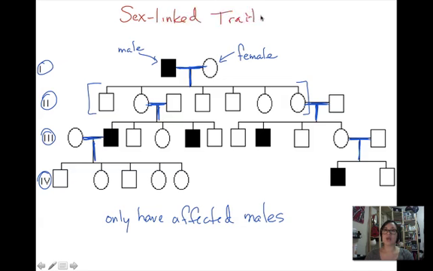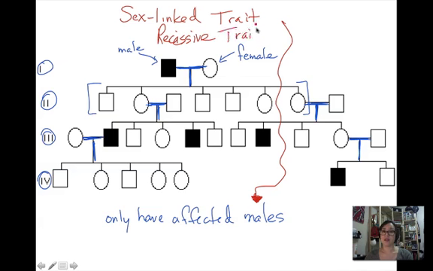And the reason why I know it's sex-linked is because we only have males with this particular phenotype, which we've talked about before. Another thing that I notice that's interesting is if I look at this particular trait from one generation to the next, I notice that it disappears, appears again, and then disappears again. So that also tells me something else. It tells me that we're dealing with a recessive trait. It appears and then it disappears.